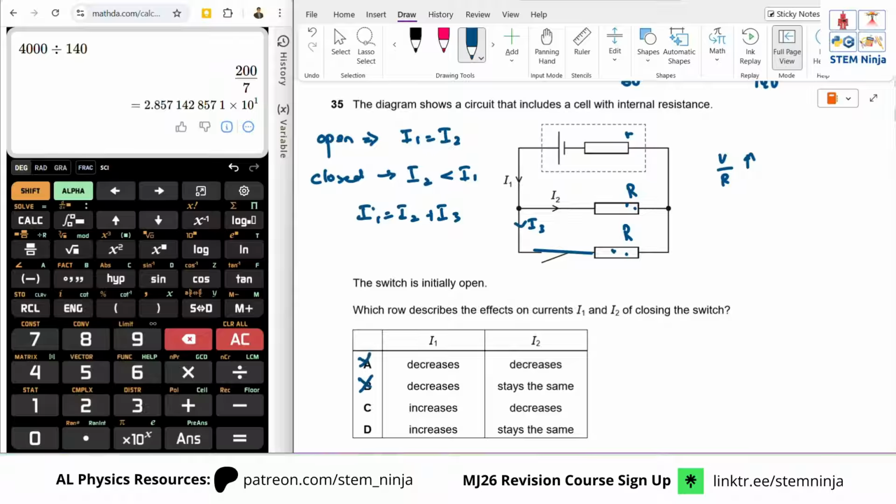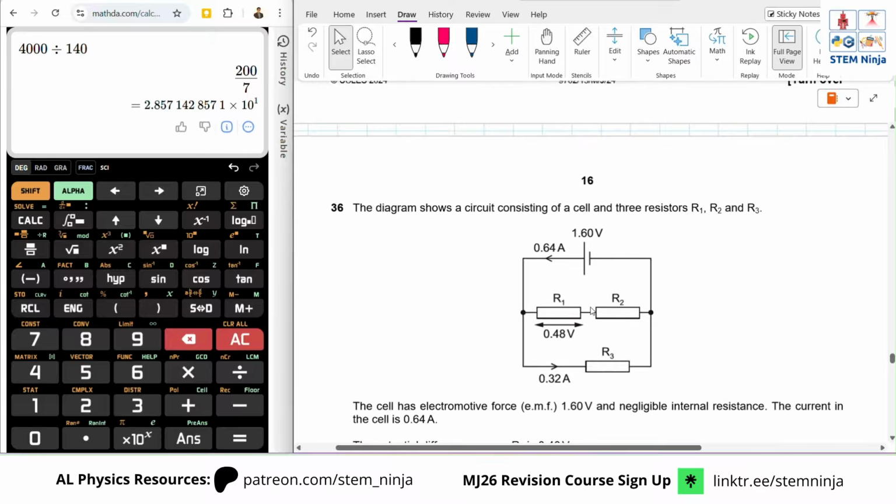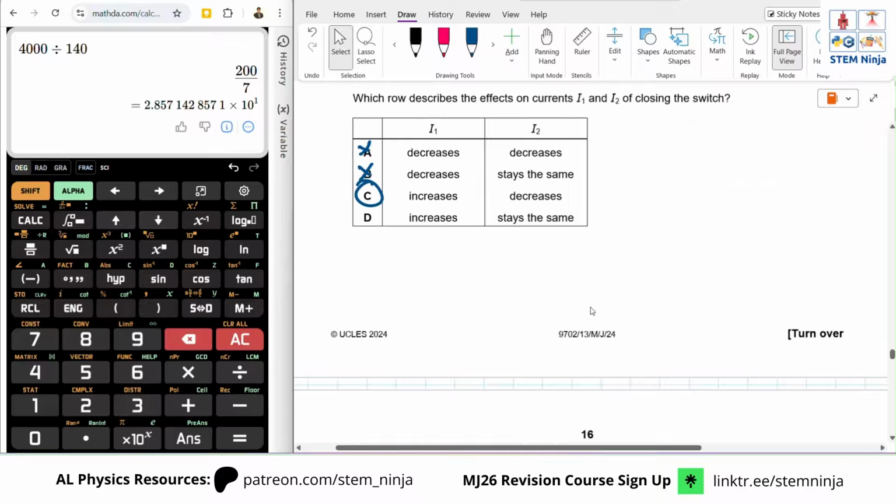So that means these two go away because I1 is increasing. Now I2. I2 and I3 would be the same, but definitely I2 would decrease. It cannot be the same because if it stays the same, that would mean that it is higher than I1, so virtually impossible.